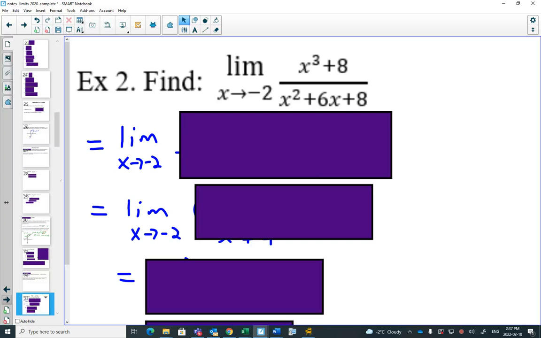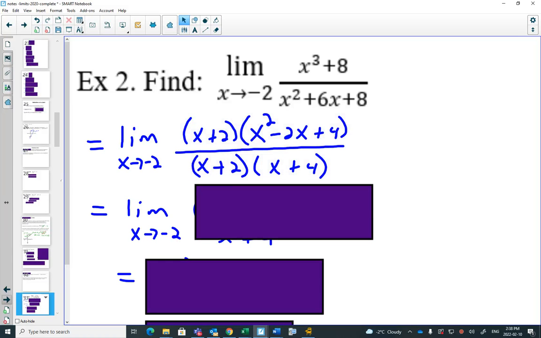Each of those 4, if you tried to plug in -2 right now, you would get 0 on the top, and you would get 0 on the bottom. Maybe we'll just do this first one together just for notation, okay? When you're evaluating a limit, you will always have to write the limit as x approaches -2, and then the algebra.